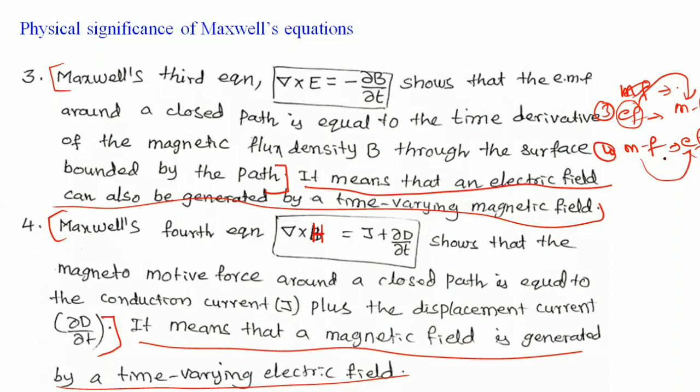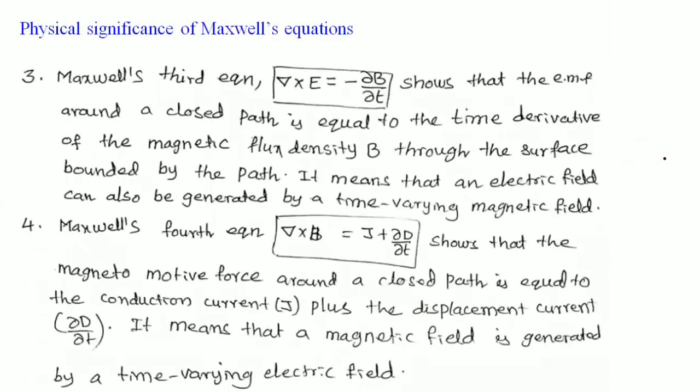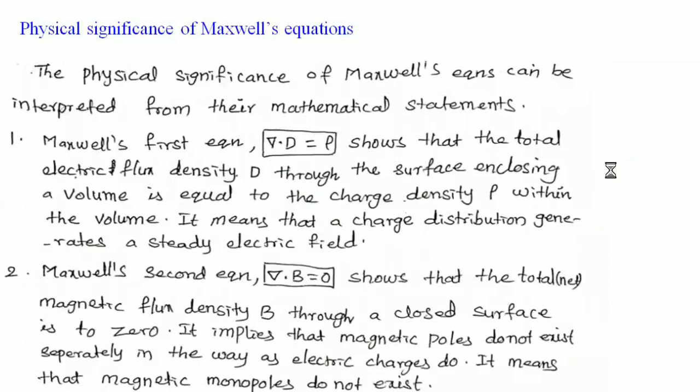Again, you see here on the screen. So again, the physical significance of Maxwell's equations. The physical significance of Maxwell equations can be interpreted from their mathematical statements. So first, a charge distribution generates a steady electric field. This is the first equation's physical significance.